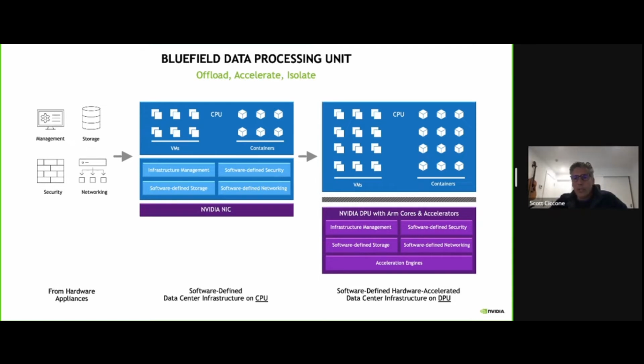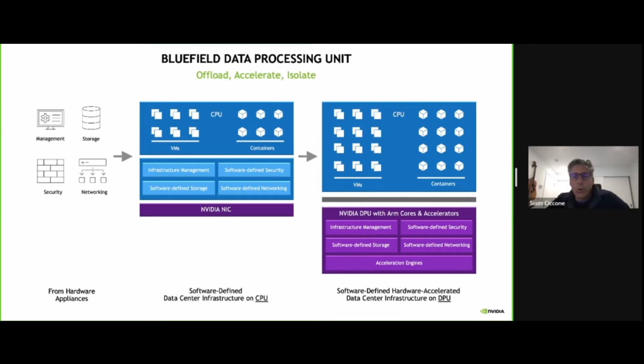Another challenge the existing architecture presents is that business applications and infrastructure workloads both run on the same environment, being the host CPU. So this increases the attack surface on the system and also creates some operational challenges.